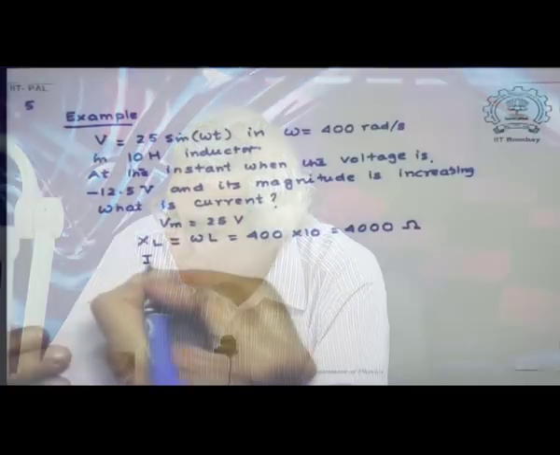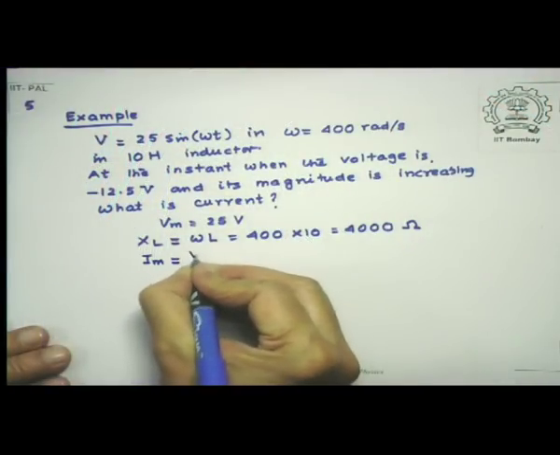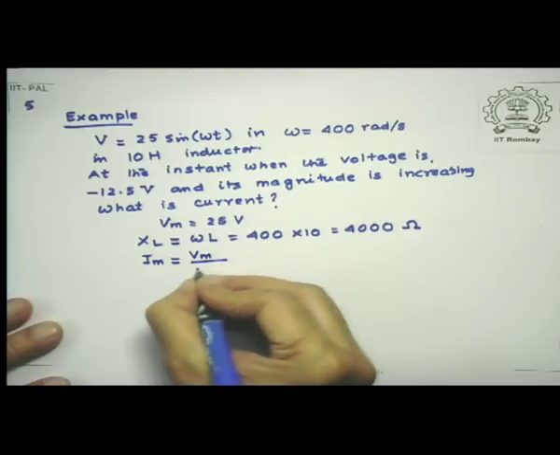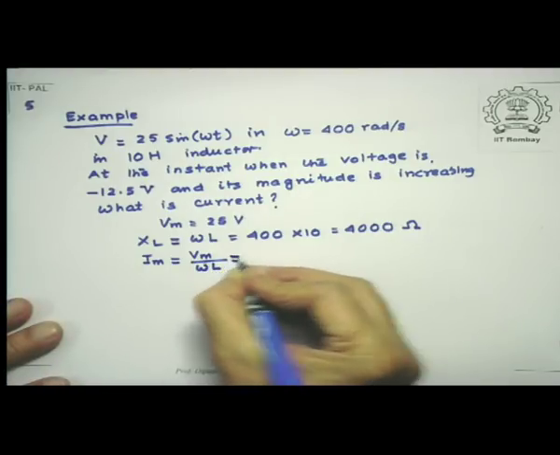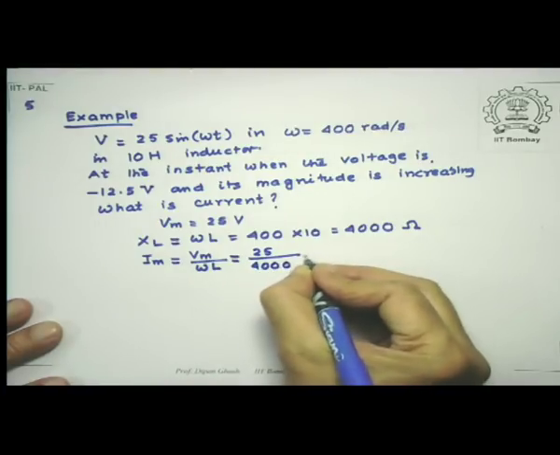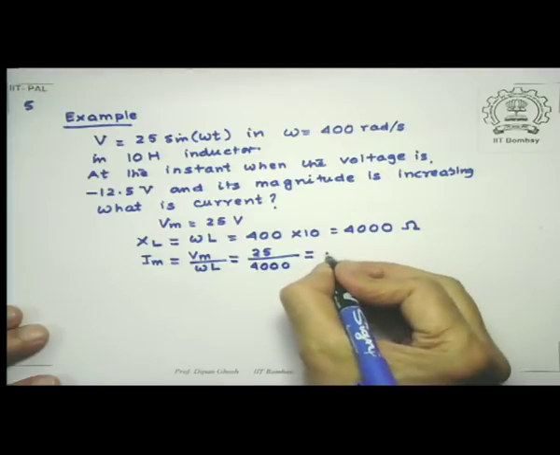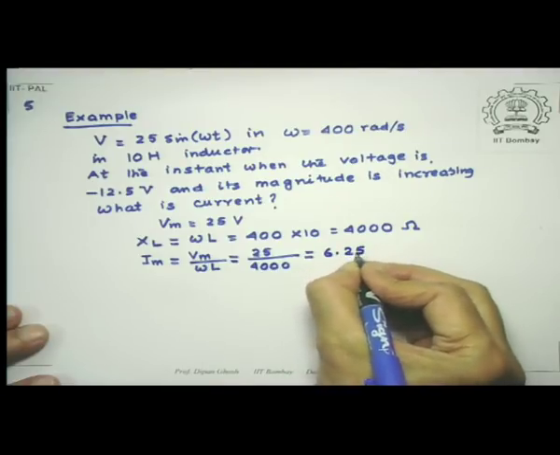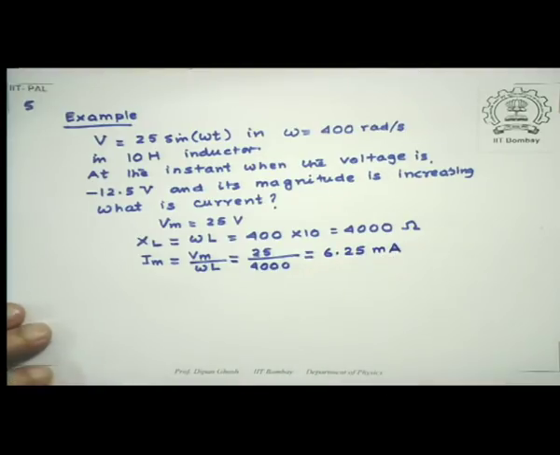So maximum current then would be Vm divided by omega L, which is equal to 25 by 4000, and if you calculate it, it is just 6.25 milliamps. Obviously, the current becomes maximum when the voltage is equal to 0. That's because we said that the current lags behind the voltage by 90 degrees.